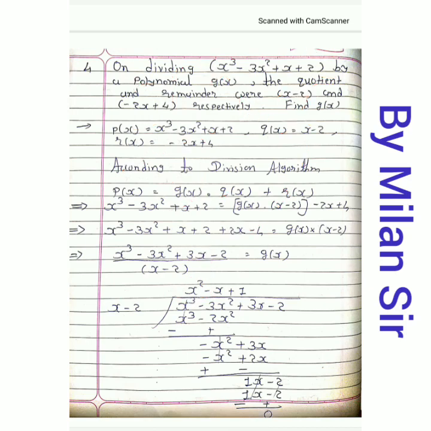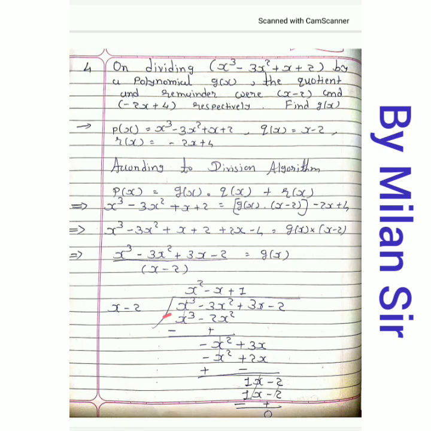Then we need to multiply this polynomial by x square. So x into x square, x cube, then minus 2 times x square, that I written here x cube minus 2x square. Then for the subtraction process we need to change the sign.